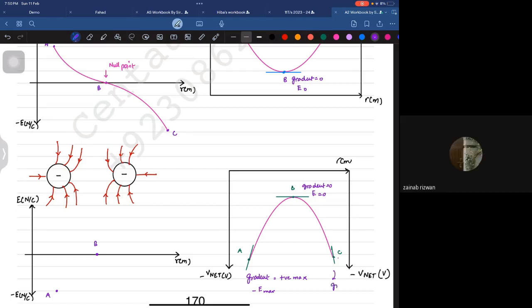Gradient is negative and positive maximum electric field strength. So it will be like here. So now you got to make it like this. Oh, my bad. Sorry. Is it clear, kids? Any questions now? Please let me know.